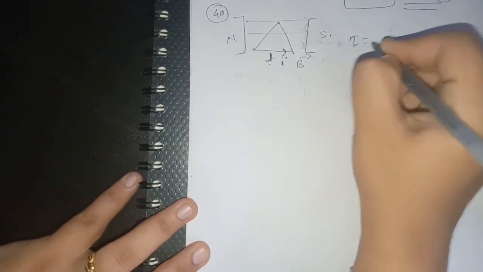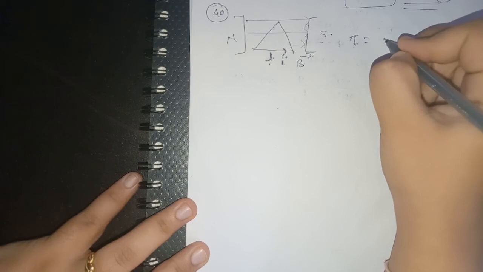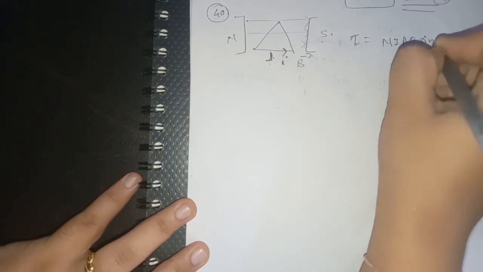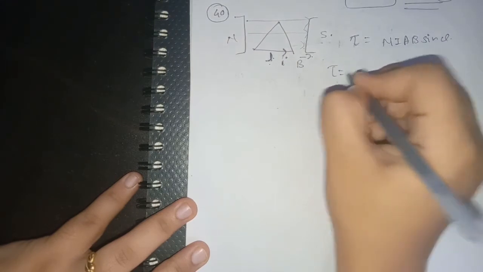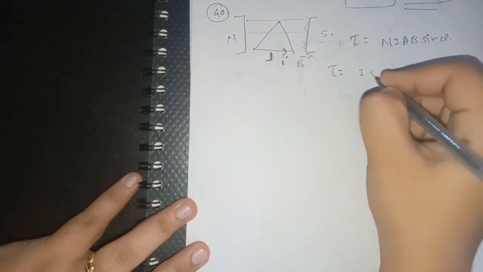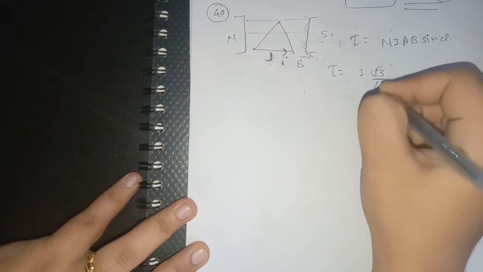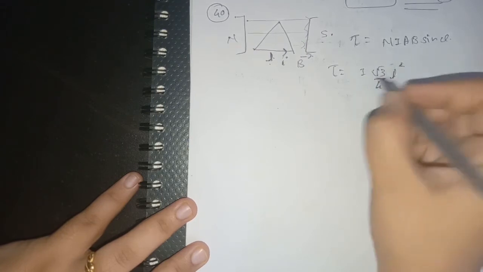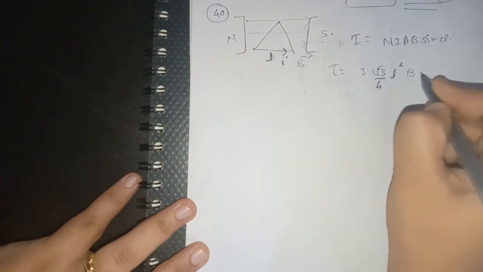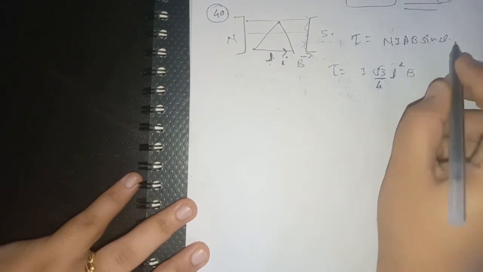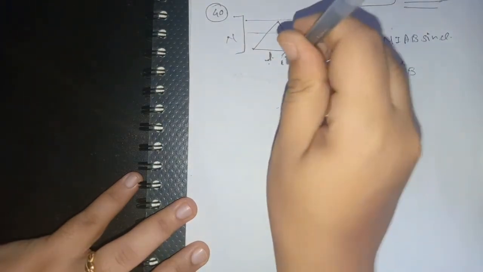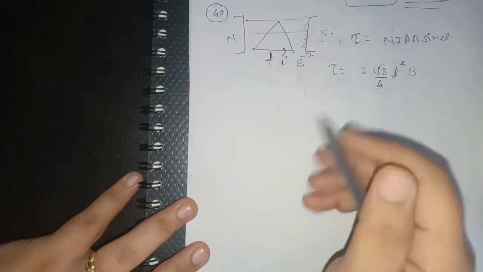Torque acting is given by N I A B sine theta. Number of coils is 1. So I times area, and the area of an equilateral triangle is root 3 by 4 L square, into B. Theta will be 90 degrees, as the magnetic field is in the plane, and the area vector will be perpendicular to the magnetic field.